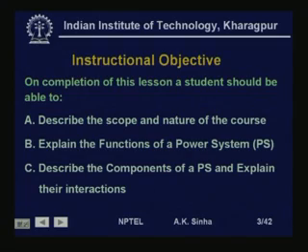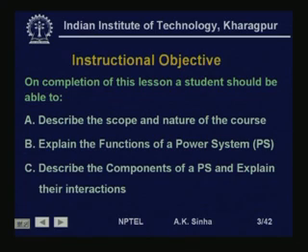Well, the whole idea is that once this lesson is over, you should be able to describe the scope and nature of this course, that is, what we are going to do in this course. You should be able to explain the functions of a power system, what a power system does and why it is used.